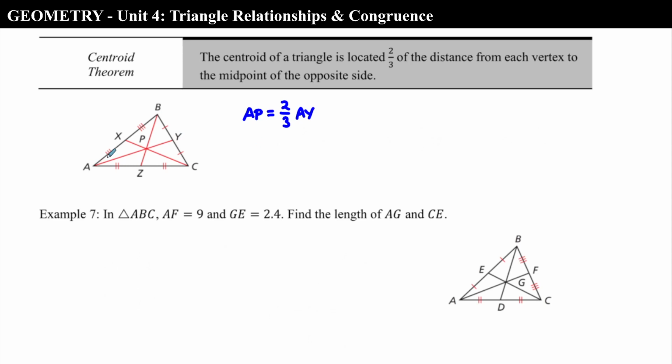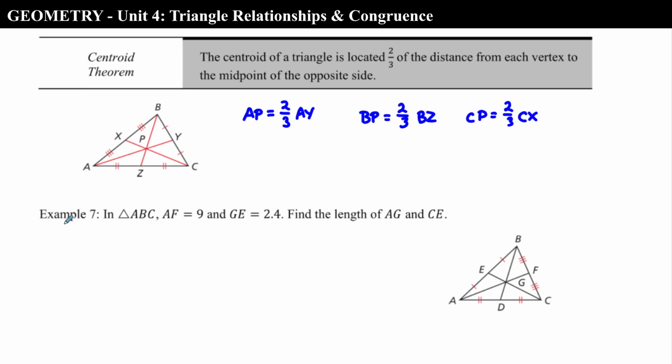And you get all 3 parts with AY. Similarly, you can say that BP is 2/3 of BZ, and for the third median, CP is equal to 2/3 of the entire line there, CX.